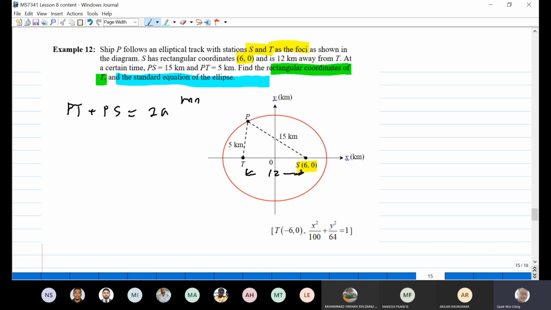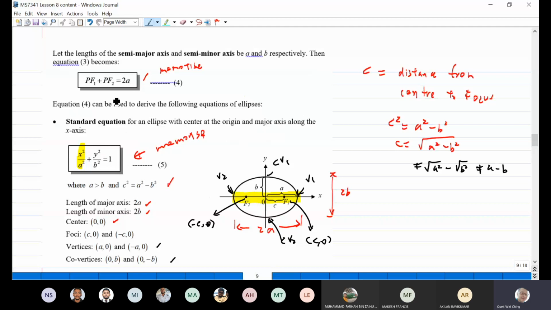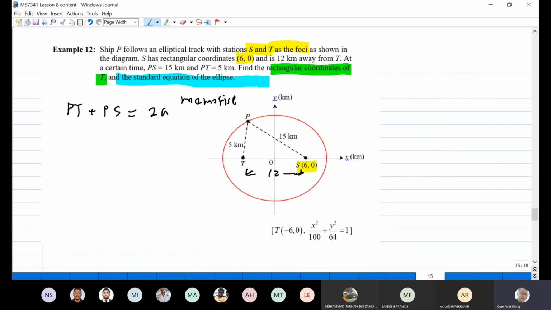Memorize this. 2a is the distance PT and PS added together. We have come across this formula earlier: PF1 plus PF2 is 2a. So we're using this formula.